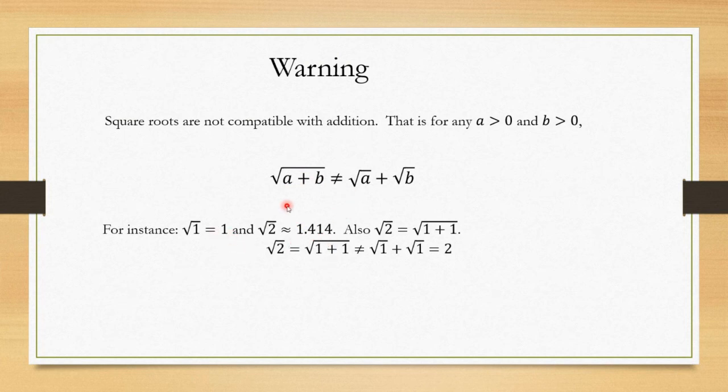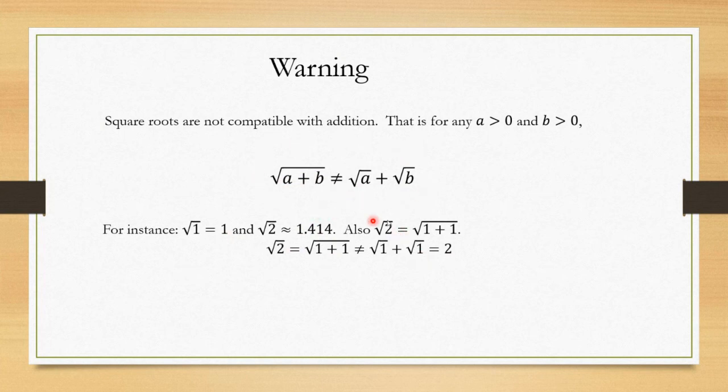If I take A and B to be 1, for instance, on the left I have the square root of 1 plus 1, which is equal to the square root of 2. Over here, I have the square root of 1 plus the square root of 1. But the square root of 1 is equal to 1, so over here I would have 2. So here I have the square root of 2, here I just have 2, but 2 is not equal to the square root of 2.